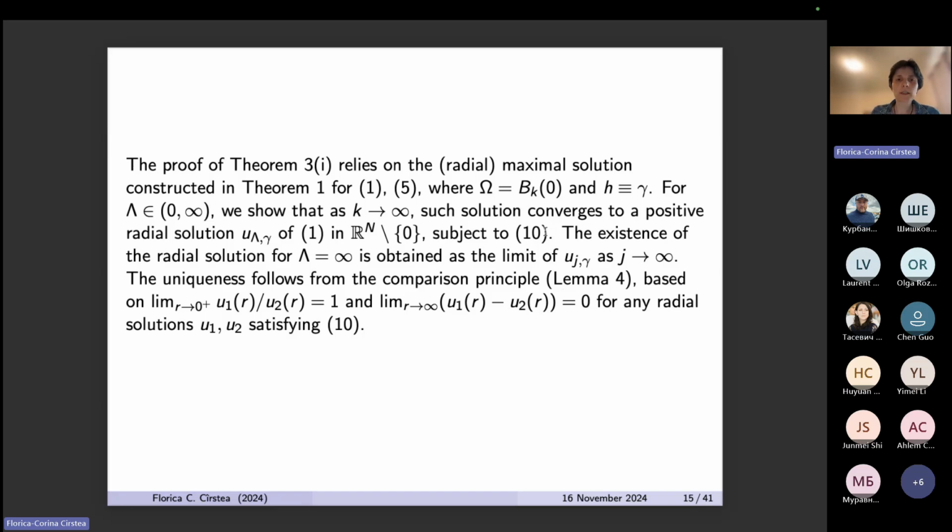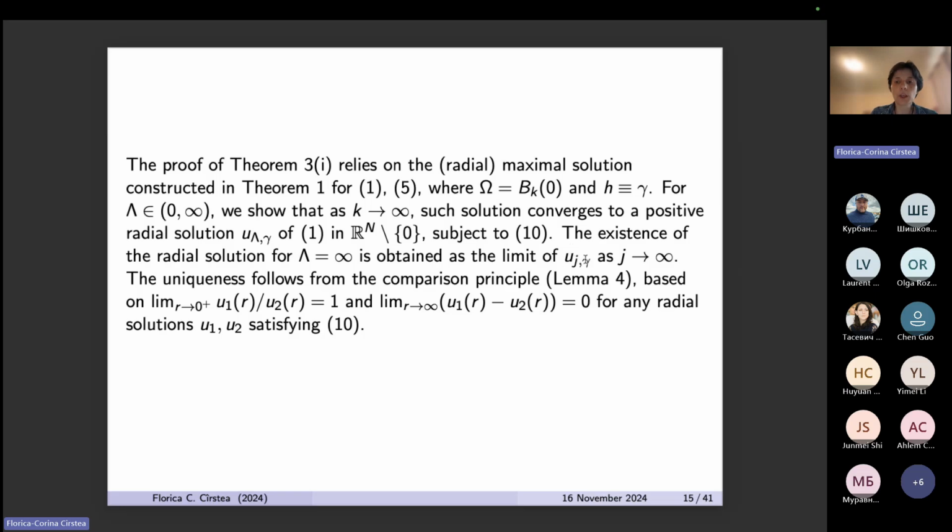And then once you do that for any capital Lambda finite and positive, it's not difficult to get the existence of the radial solution when capital Lambda is infinity, the solution with the strong singularity. You just take capital Lambda to be j, and for each j and this gamma fixed, you already have u_{j,gamma}, the radial solution in R^n minus 0.